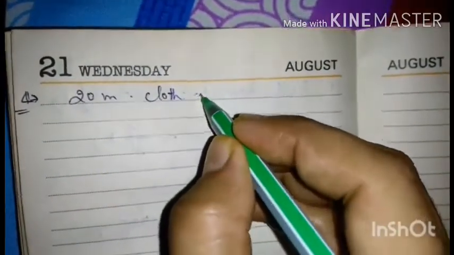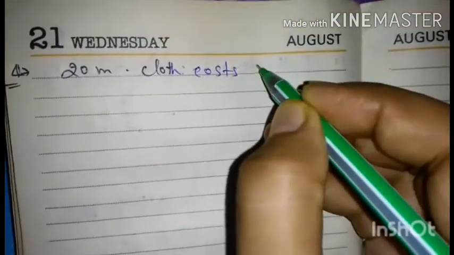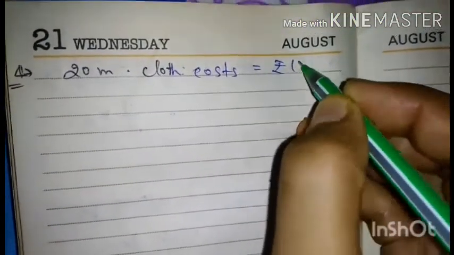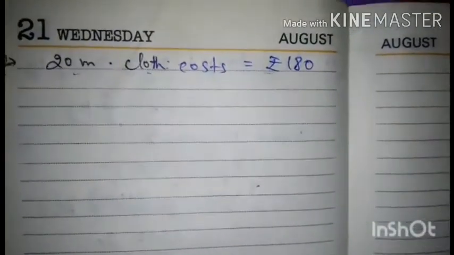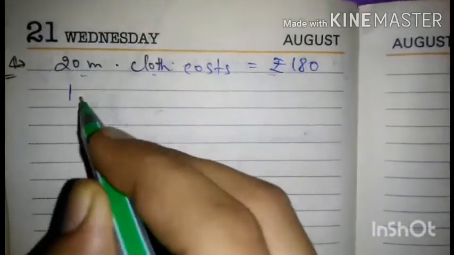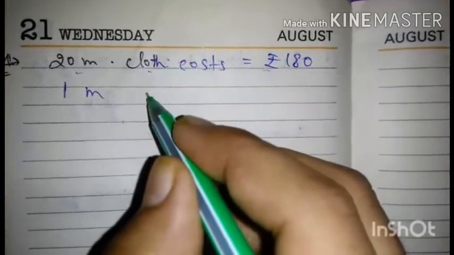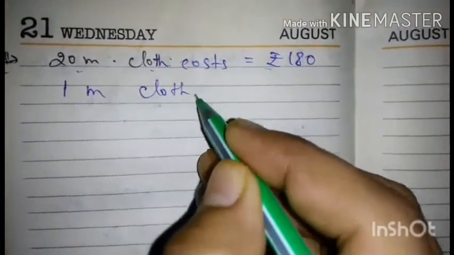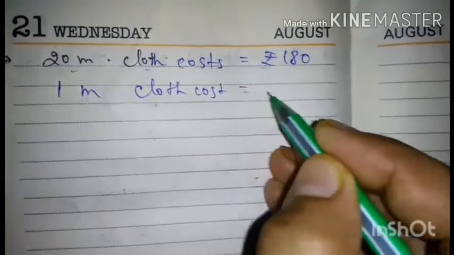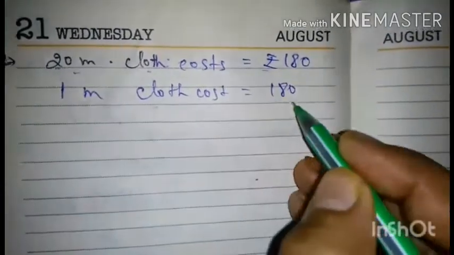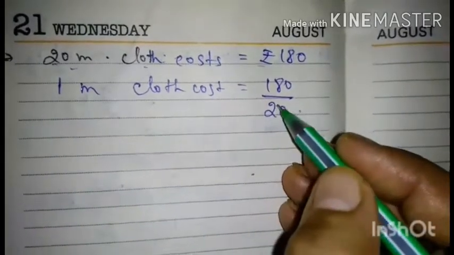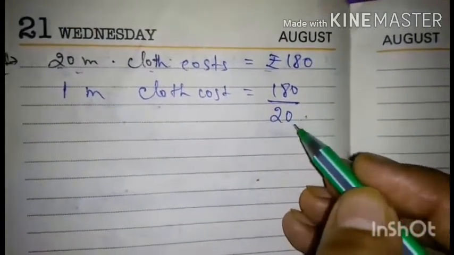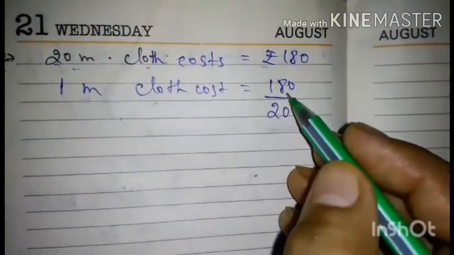20 meter cloth costs rupees 180. So on 1 meter, first find out 1 meter cloth cost, which is equal to 180 divided by 20. Divided by 20, you can write it as a fraction, 180 by 20.